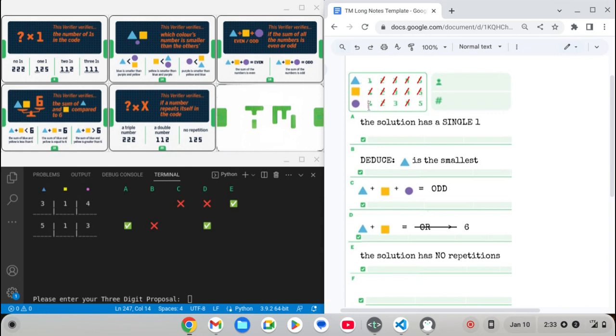And so let's double check everything. So again, I'm saying that it should be, oops, I think I crossed out too many. Yeah, triangle should be the smallest. I should not have crossed out the 5. So it looks like it should be 153.